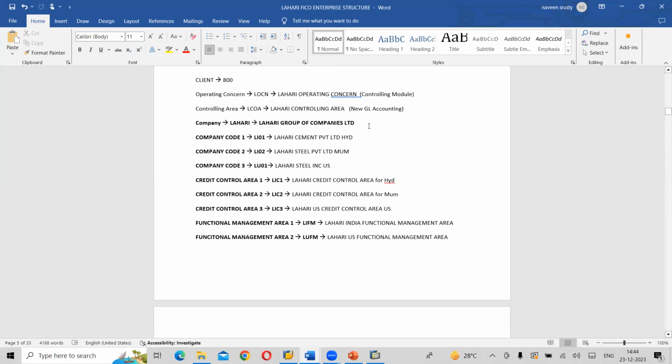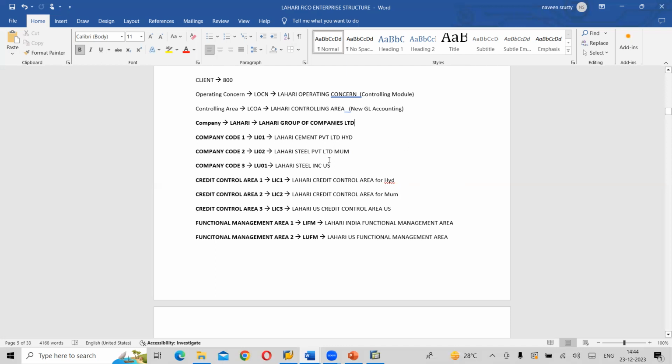Next one. Our company name is Lahari Group of Companies Limited. So our project is implementation for Lahari Group of Companies. Consider that it does not have any SAP till now. They were using some other software, legacy software. Now we are implementing SAP in Lahari Group of Companies.